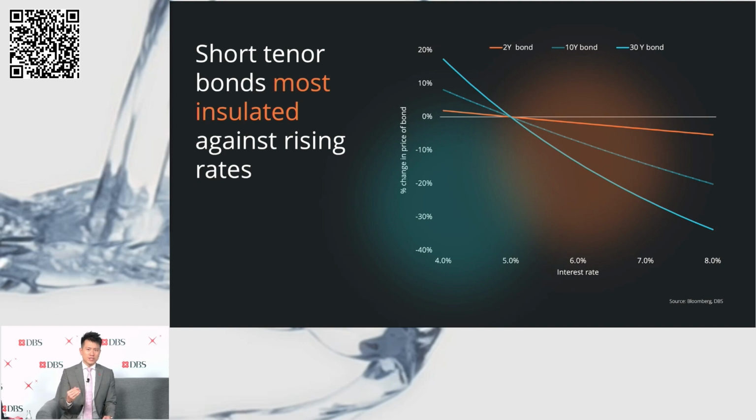So if you notice on this chart, the longer the bond tenor, the higher the sensitivity, right? So the light blue bar is the 30-year bonds, and the dark blue is 10-year bonds, orange line is 2-year bonds, right? You notice the higher the tenor of the bond, the more sensitive it is to interest rate changes.